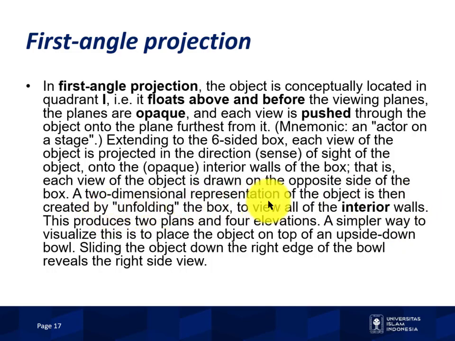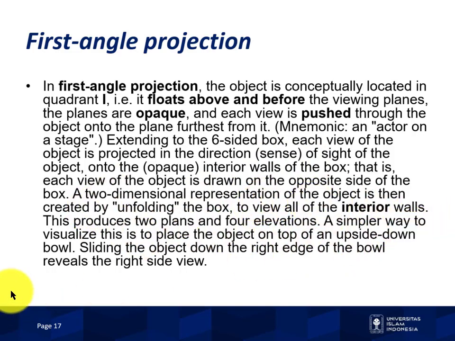This produces two plans and four elevations. So, two plans are from the top and from the bottom, four elevations from the front and back side, and then the left and right side. So we have two plans and four elevations.